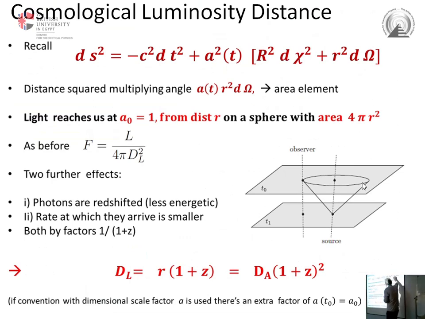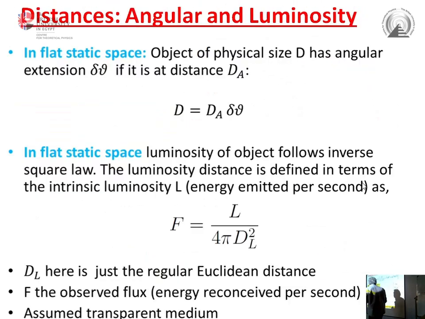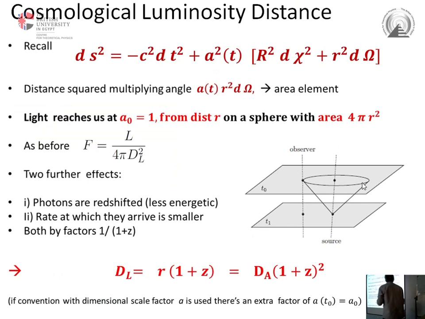Our definition in the lab was this already, so we need a similar definition. So it's 1 over r squared, the r squared being the FRW coordinate. But there are two other things we need to take into account. We didn't take them into account for angular diameter distance because it's just angles. We don't care if the light lost energy when it came, we just care about the size.